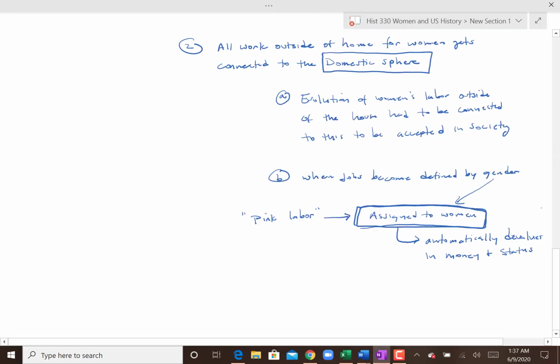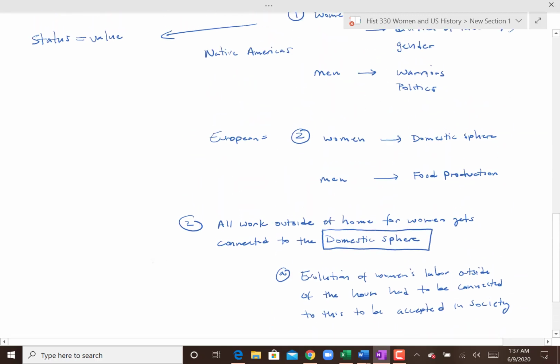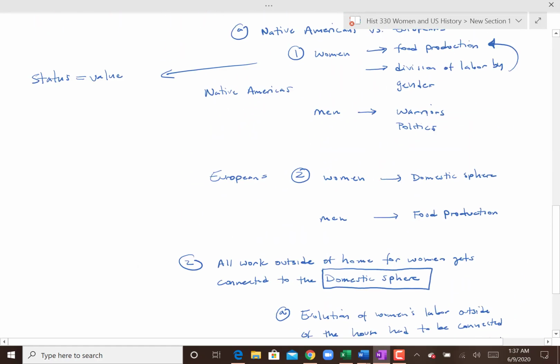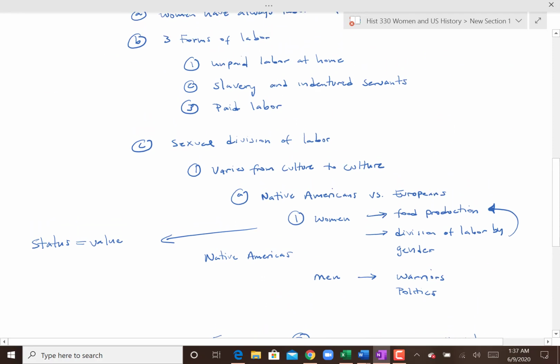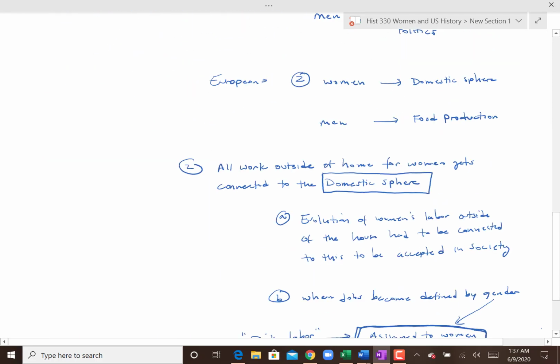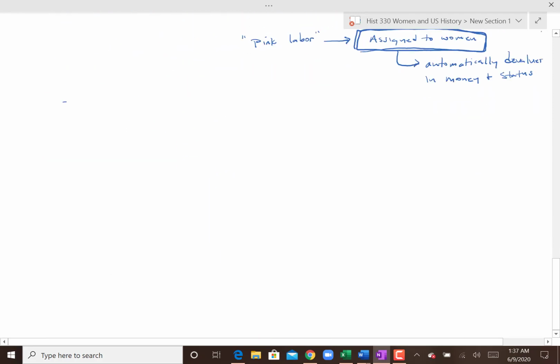The next one then that we're going to be looking at is politics and gender. And this goes with the labor and gender in many ways.